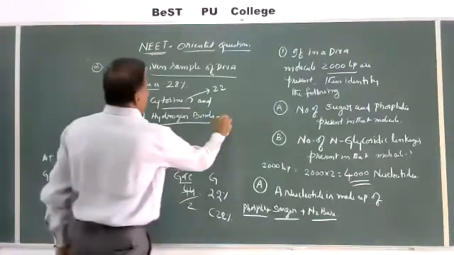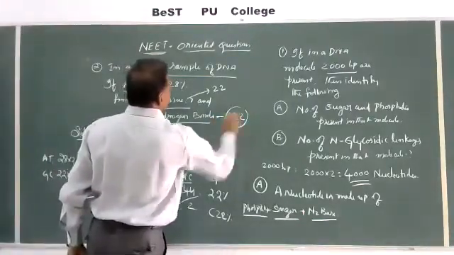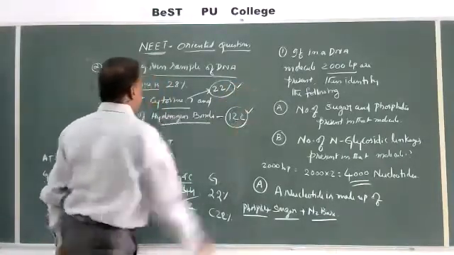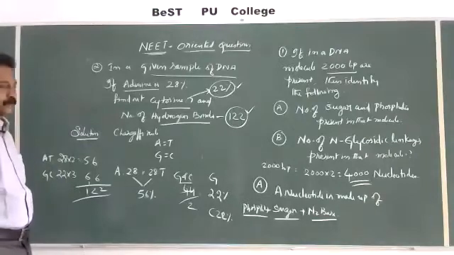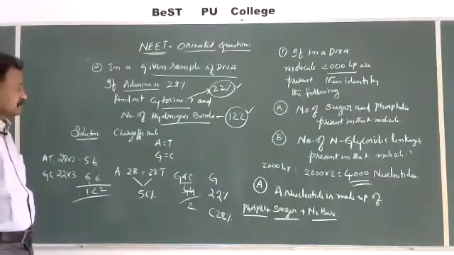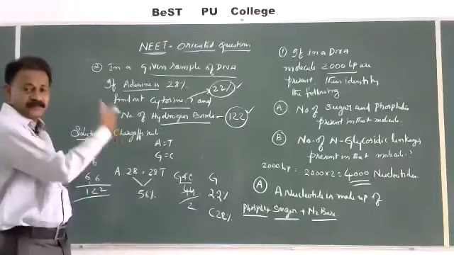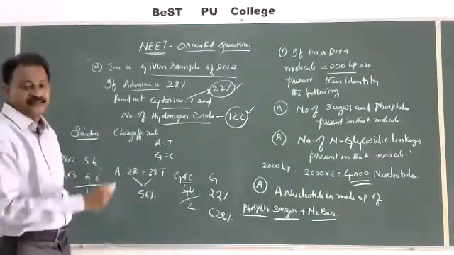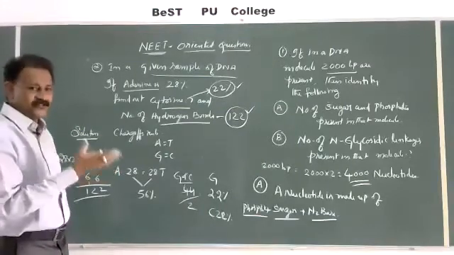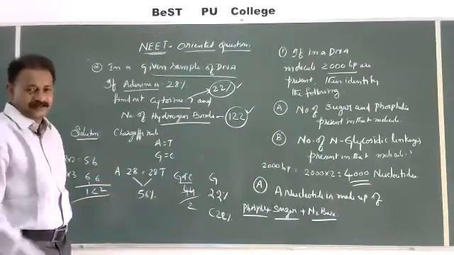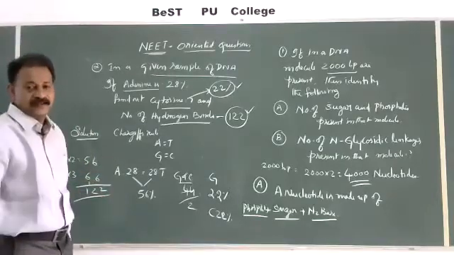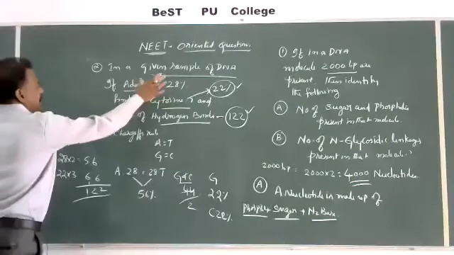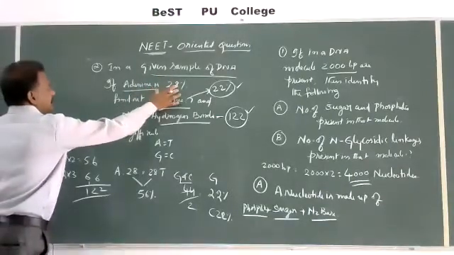Total number of hydrogen bonds. So we are recalling the total, since there is a possibility of asking various types, whether a student understood it or not, and is in a position to do it individually or not, to test the knowledge.